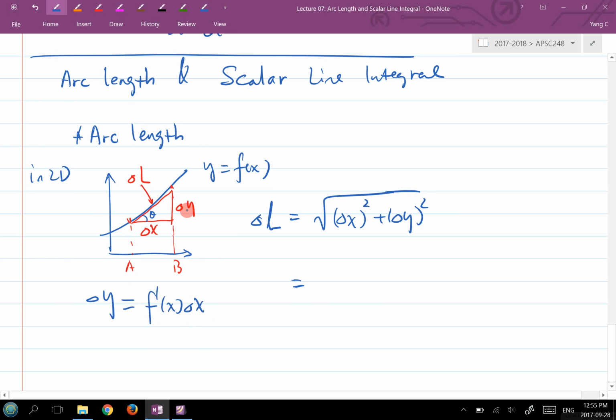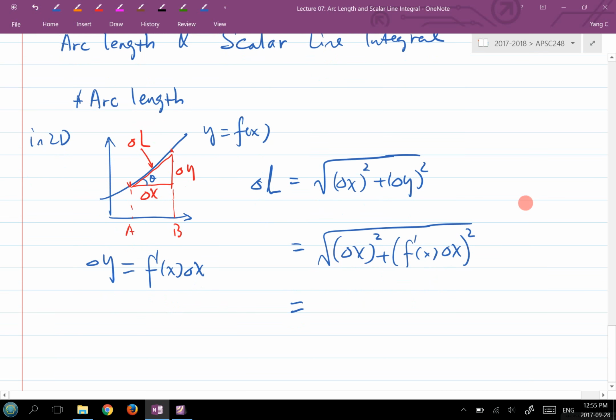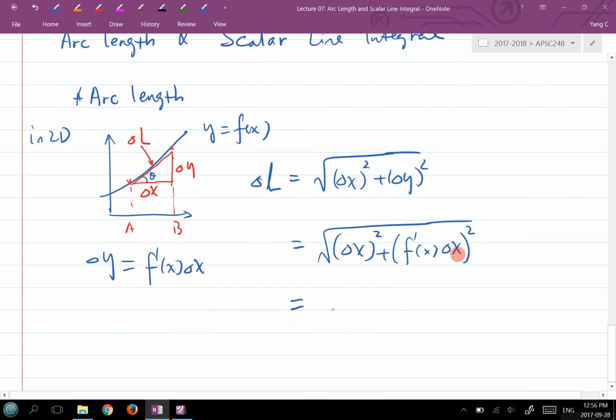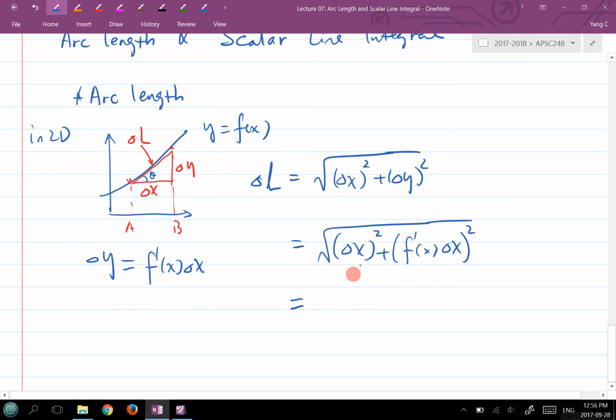So I can replace this delta y with this expression. With a little bit of simplification, we've got a common term delta x, which comes out of the square root.